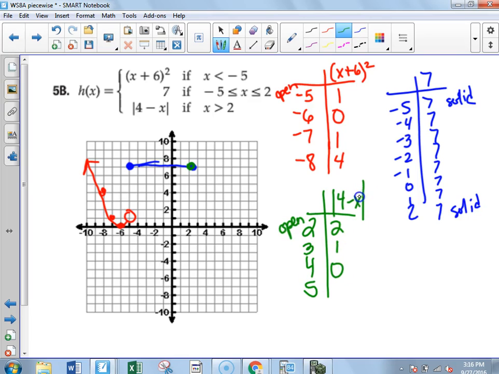But put in a 5, what happens? 4 minus 5 is -1, but the absolute value makes it 1. 4 minus 6 is -2. Absolute value makes it 2. We got to try to get that V shape out of this here. 2, 2 was an open circle. 3, 1. 4, 0, 5 back up to 1, 6 back up to 2.